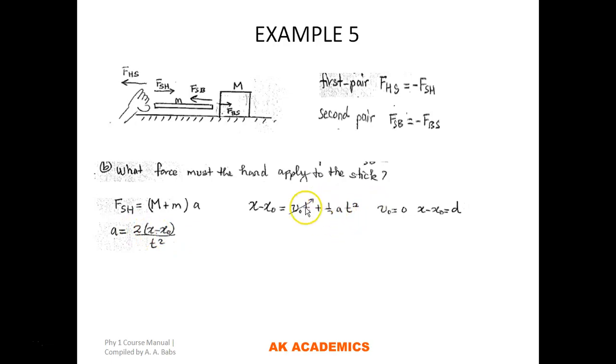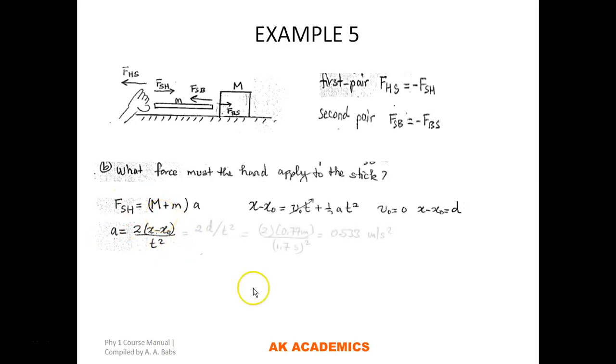This 2 will cancel the 2, and then you're left with just a t squared. And since we are looking for a, you can divide both sides by t squared. If you do that, you will be left with just a here, because t squared here will cancel t squared here. So we are left with just a here, and then we have x minus x naught divided by t squared. We have initially multiplied this by 2 anyway, so we have 2 times (x minus x naught) divided by t squared. That is how we find our a.